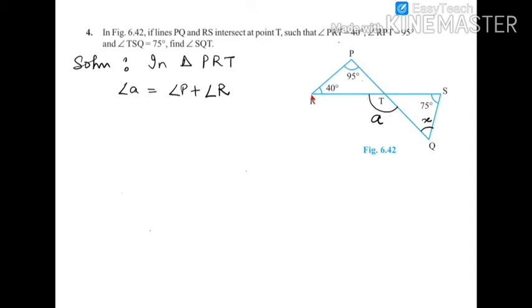Angle TPR I am writing as P, and similarly angle PRT I am writing as R, because there is only one angle in the figure at these vertices. So it is safe to write the names of the angles in this manner. But angle P is given as 95 and angle R is given as 40. So substituting, we get angle A equal to 95 degrees plus 40 degrees, and that is equal to 135 degrees.